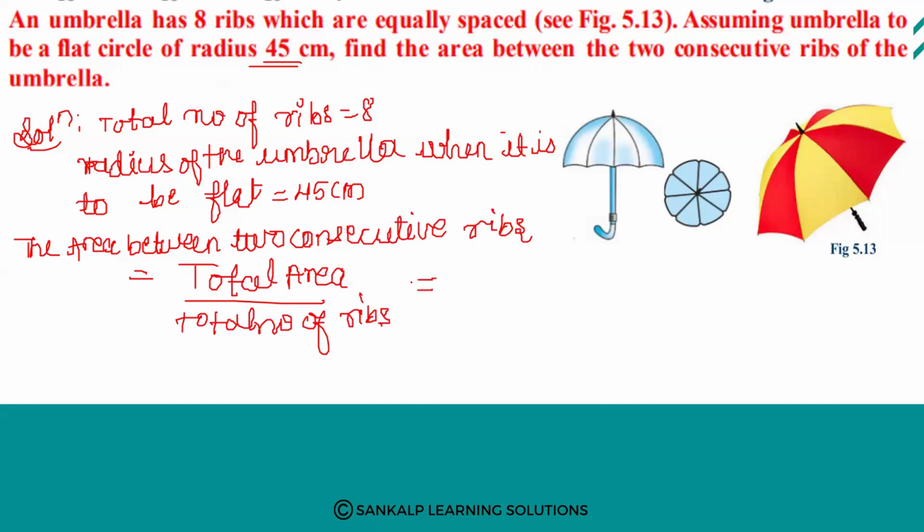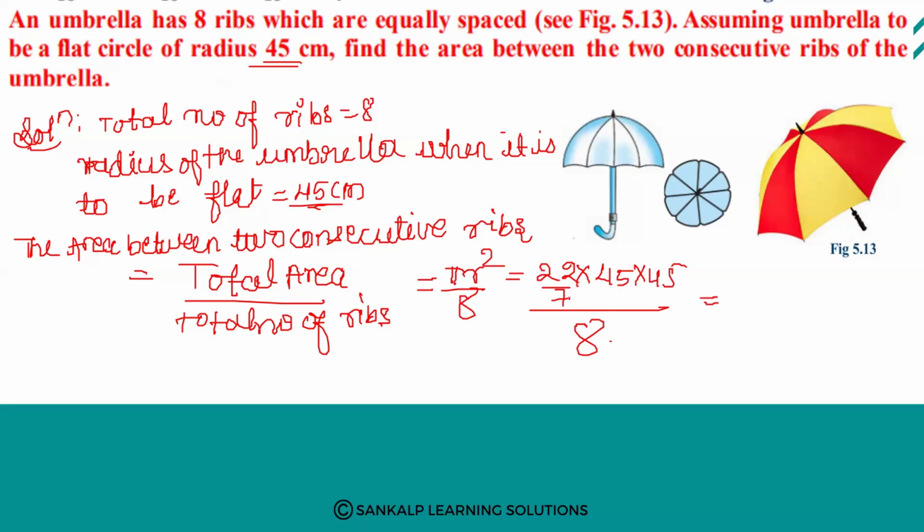Total area means, see, it is a circle, so the area of the circle is pi r square divided by 8. Pi value is 22 divided by 7, into r value 45, so 45 into 45, divided by 8, right?